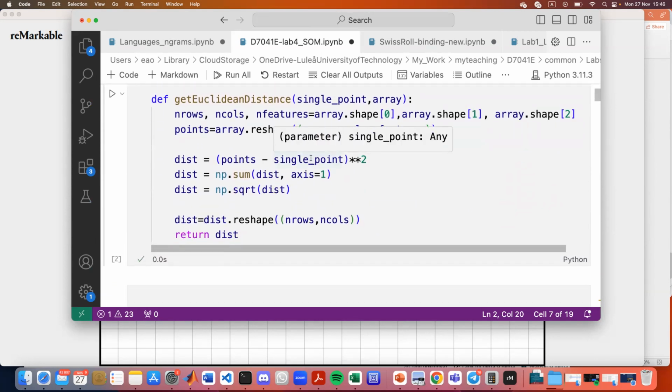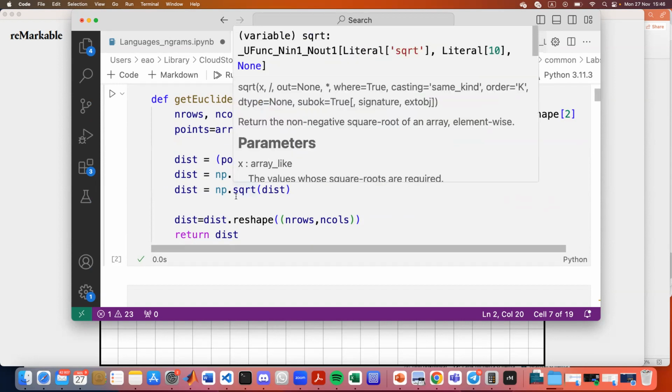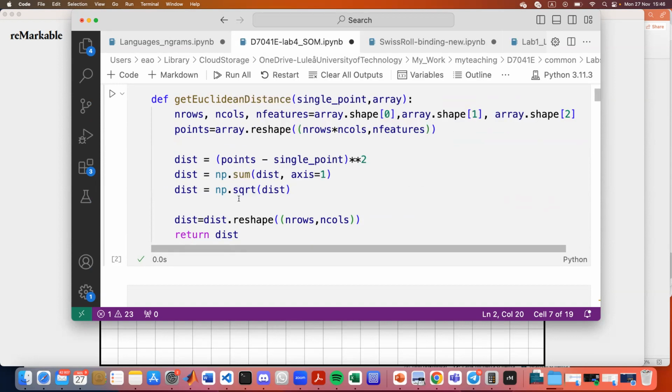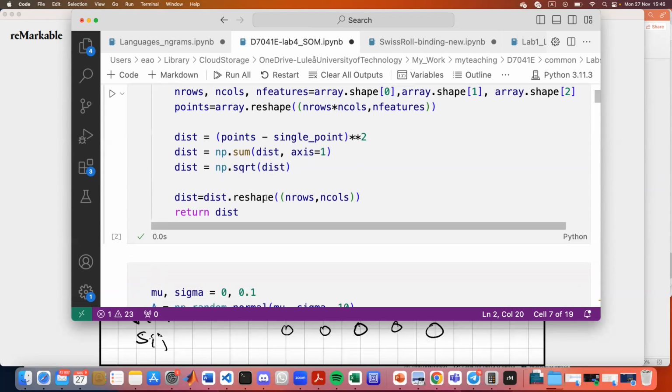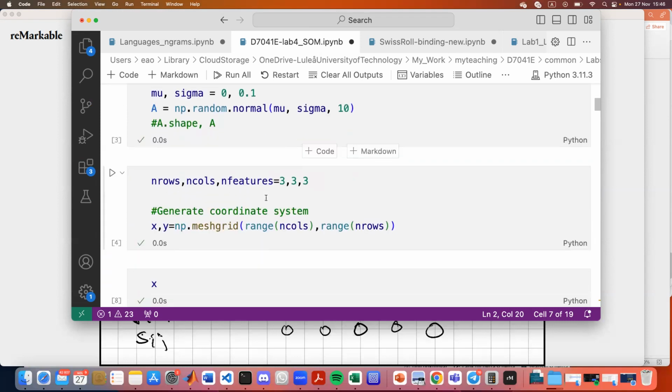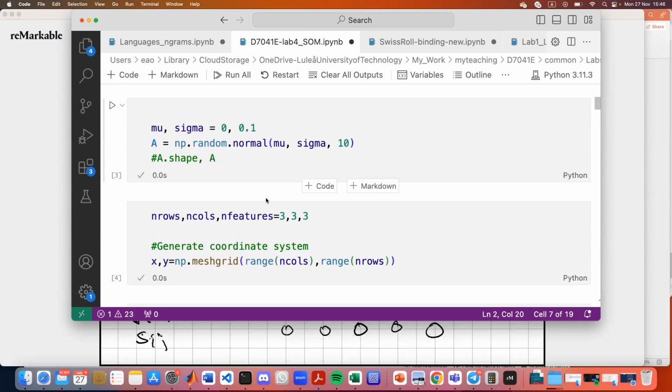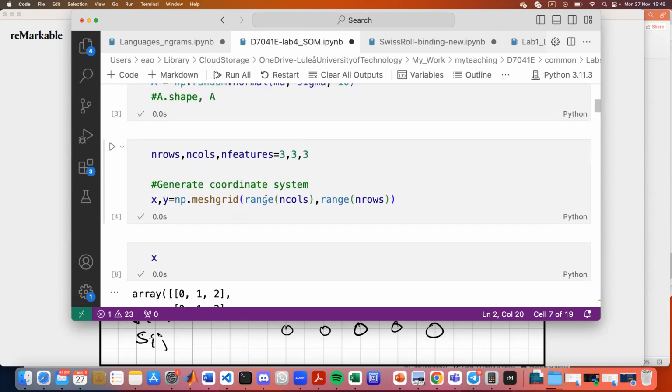This is our Euclidean distance. Actually, here we use the squared one. This is the function that computes Euclidean distance.